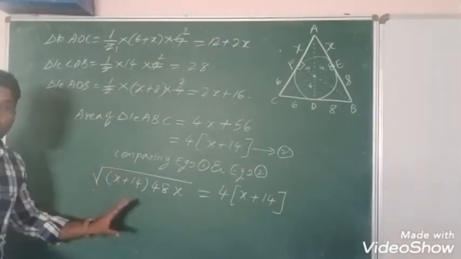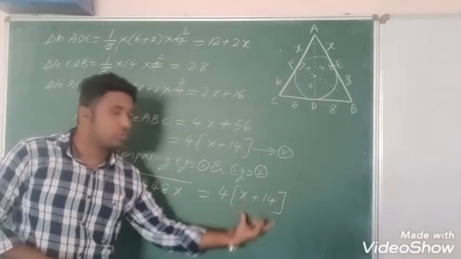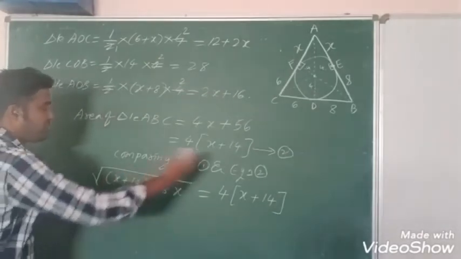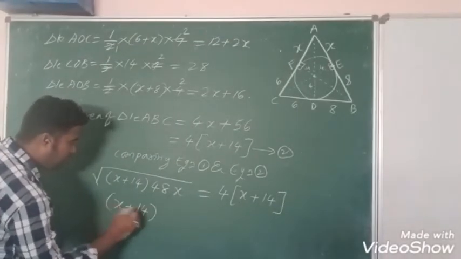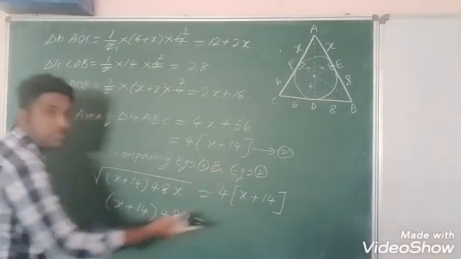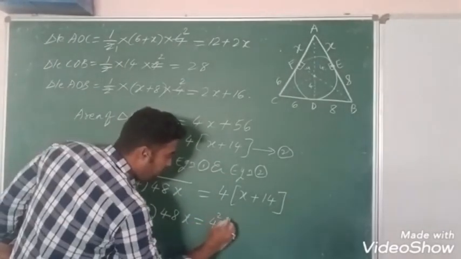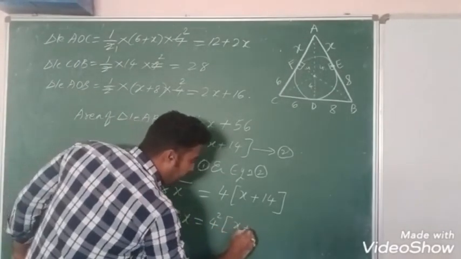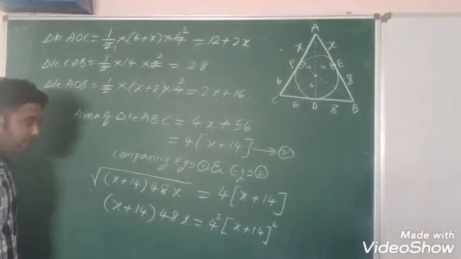Now you know the rule: whenever a square root is shifted to the other side, it becomes a square. So if I shift this to that side, I can write x plus 14 into 48x, which is equal to, on both sides it will be squared. This square root, if you shift it to that side, becomes 4 squared in the bracket, x plus 14 whole squared.